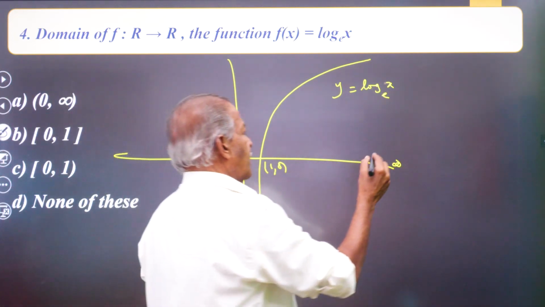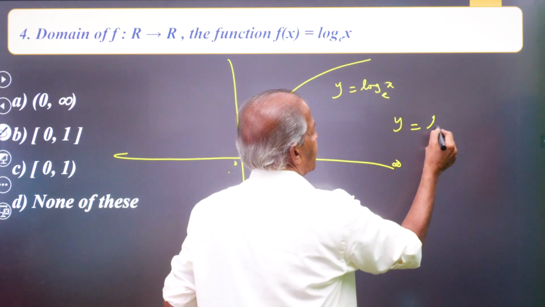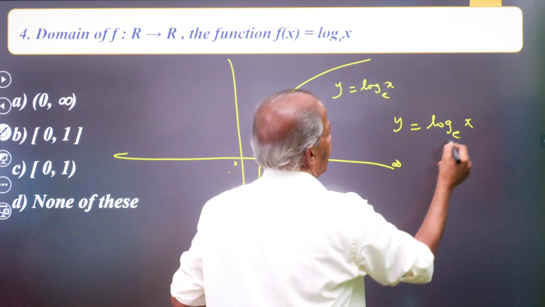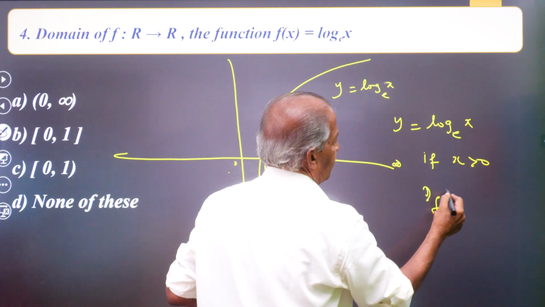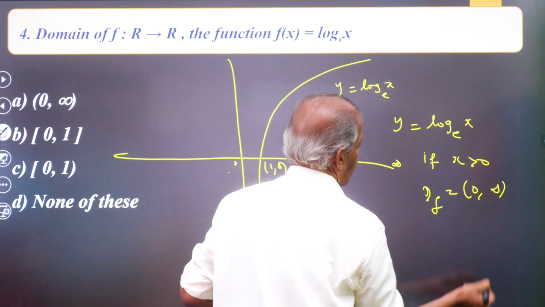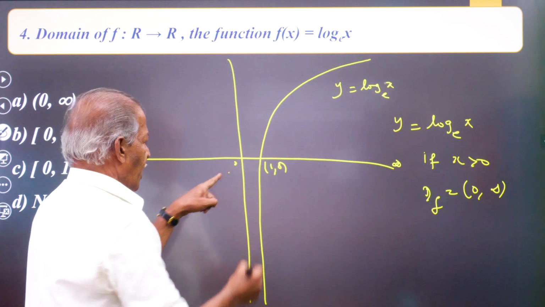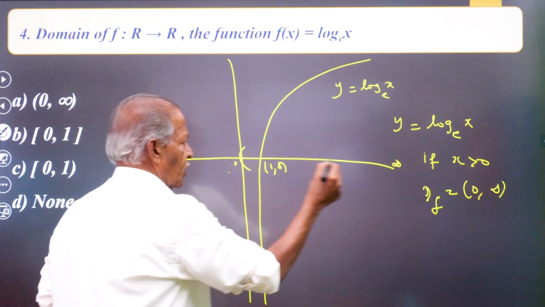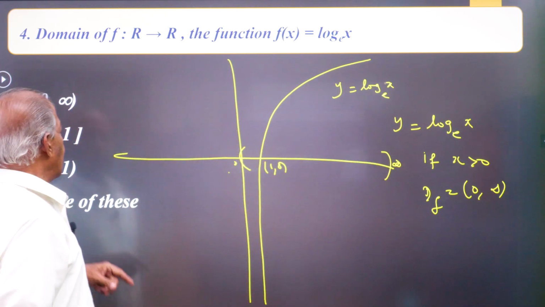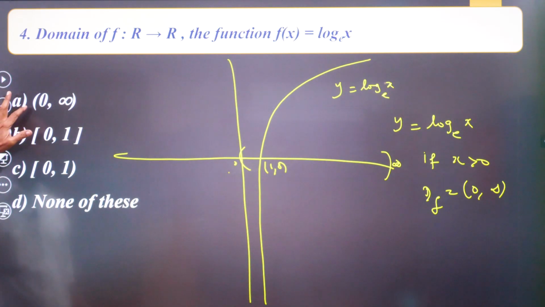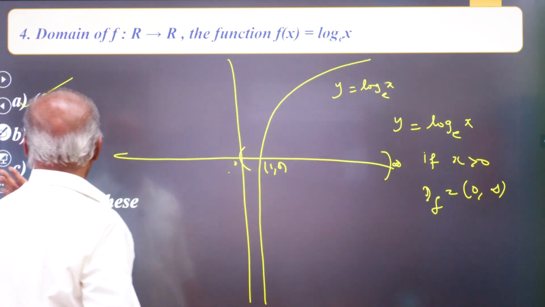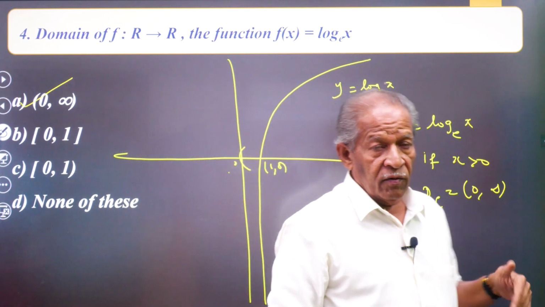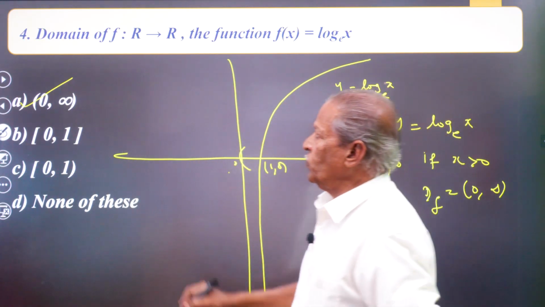By another method, y equal to log x is defined if x greater than 0. That is, the domain of the function equal to 0 to infinity. From here to here it takes all values. Therefore, the domain of the function equal to 0 to infinity. The first one is the correct answer. Remaining B, C, D are not necessary. Leave it. Now go for the fifth problem.